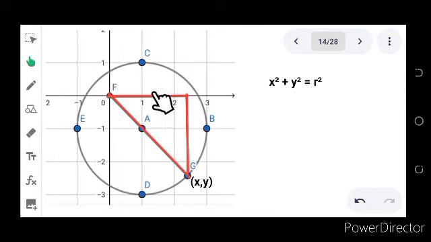We can consider these as the sides of the triangle. We label that as x, and we label that as y. From here, we can now consider this as the Pythagorean theorem.